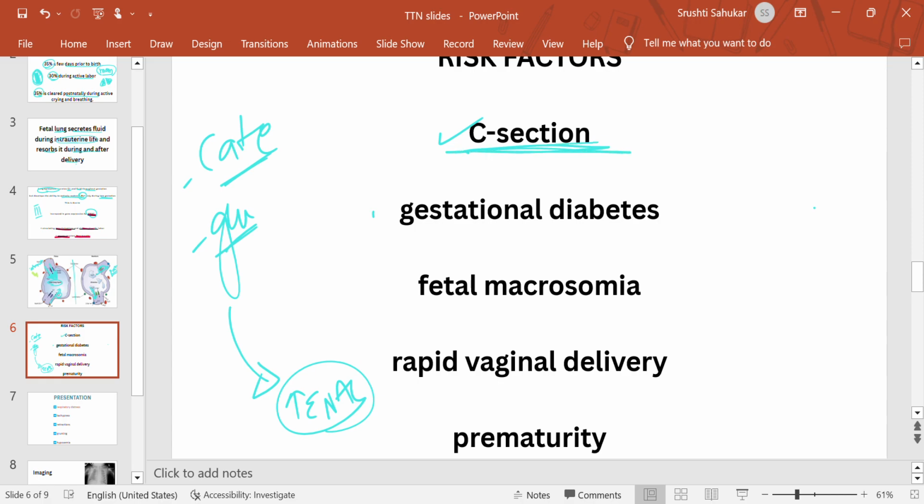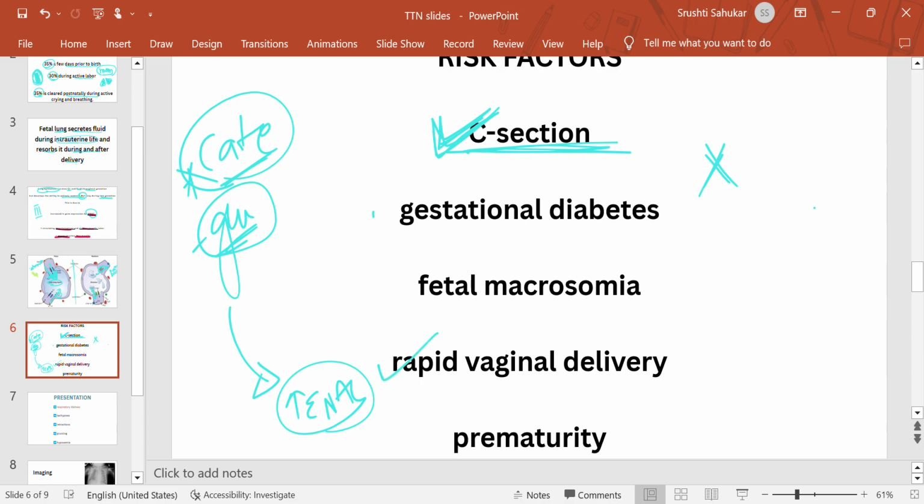C-section means that the patient does not undergo labor, and in labor these substances are upregulated in the mother's and the baby's system. So if a patient has a C-section, these won't be increased, and therefore the child has an increased risk of developing transient tachypnea.